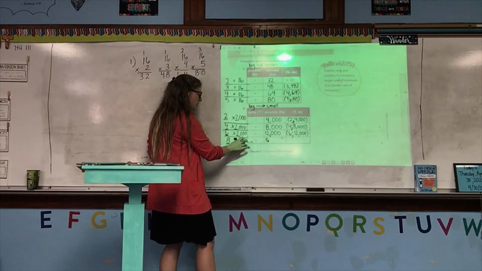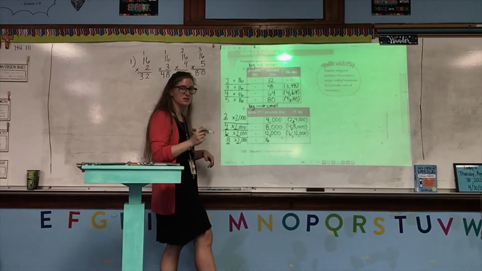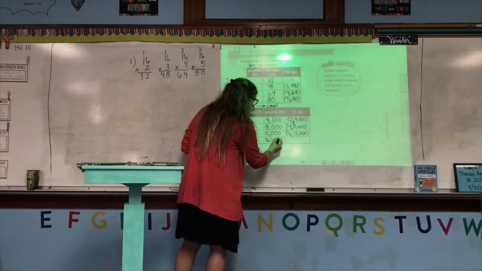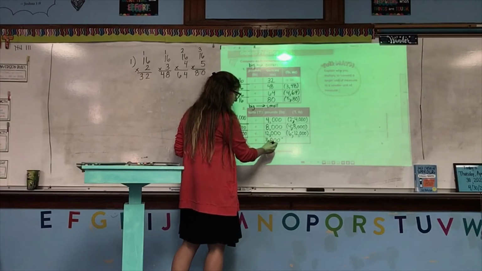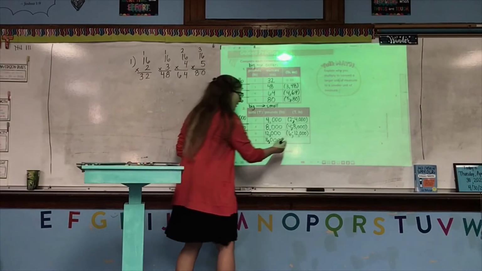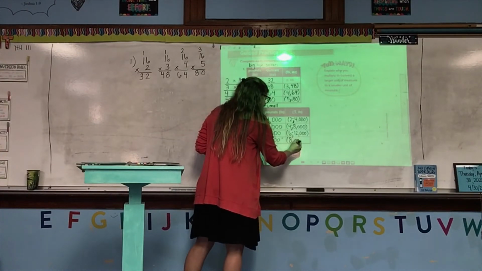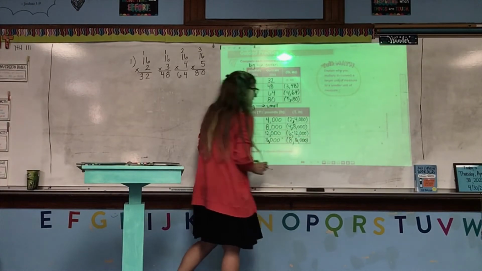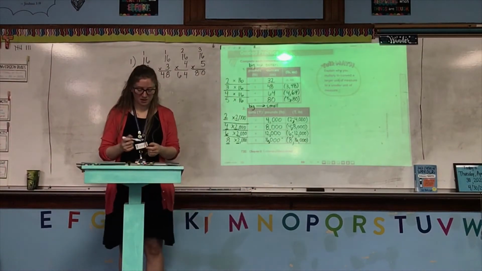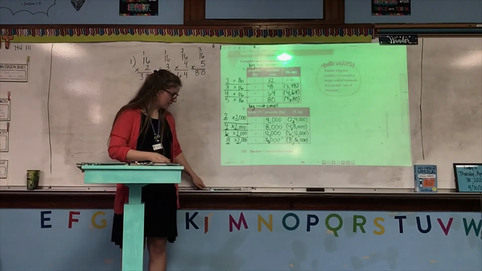Then I have 1, 2, 3 zeros at the end of my factor. So I'm going to put 3 zeros at the end of my product. I'm going to place my comma, 1, 2, 3. And now I know that in 8 tons, there are 16,000 pounds.